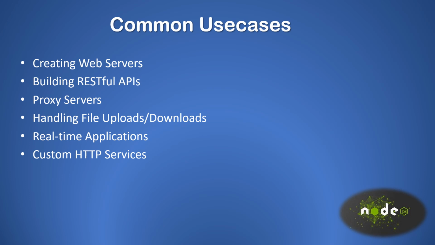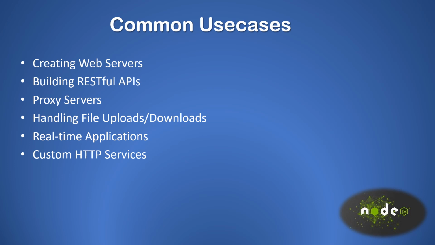Then handling file uploads and downloads, right? Process incoming data streams, as I said, streaming, for file uploads or serve files for downloads. A file sharing service where users can upload or download may be an example. Then comes real-time applications: handle fast real-time communication between clients and servers. The best examples are chat applications, live feeds, or real-time notifications, right?